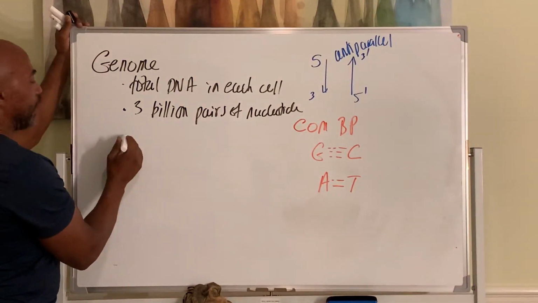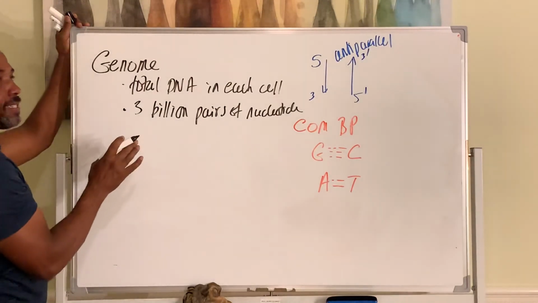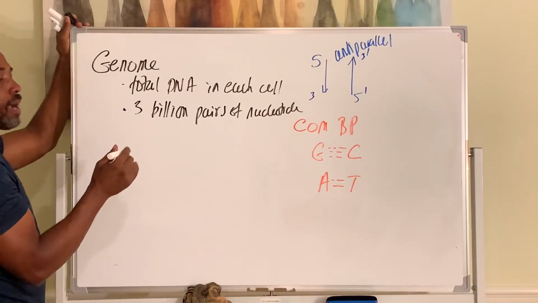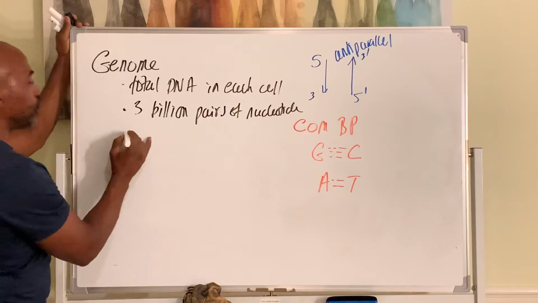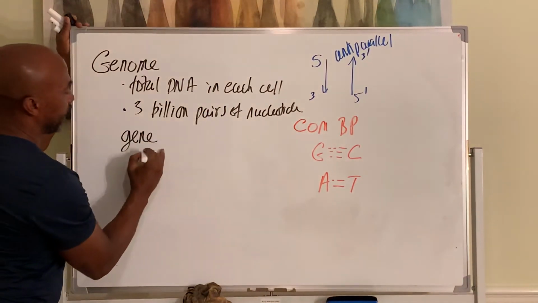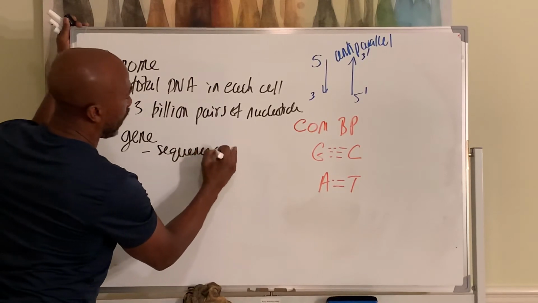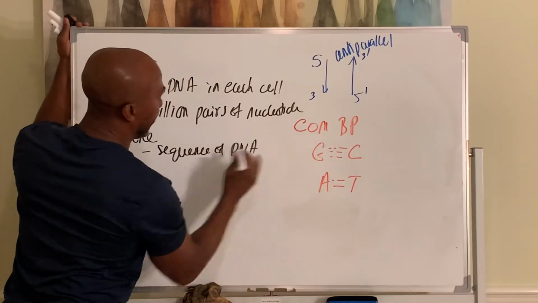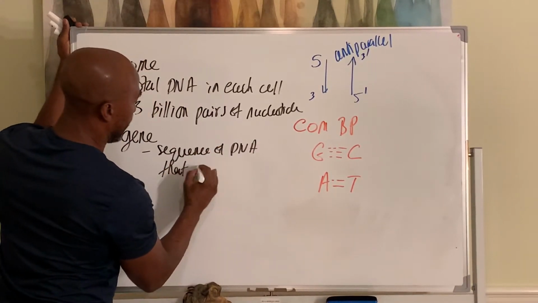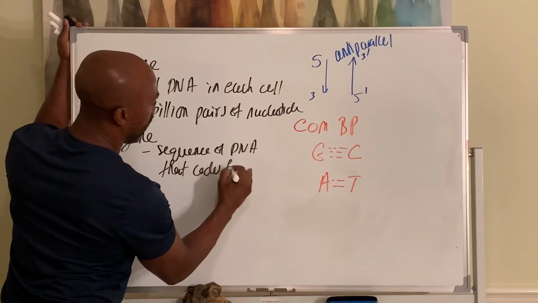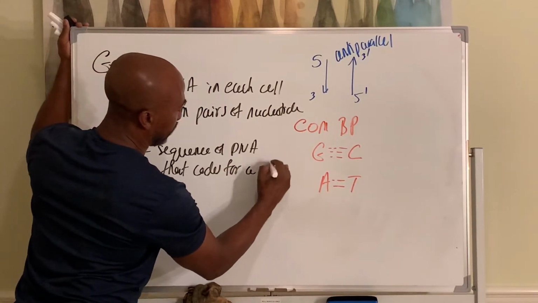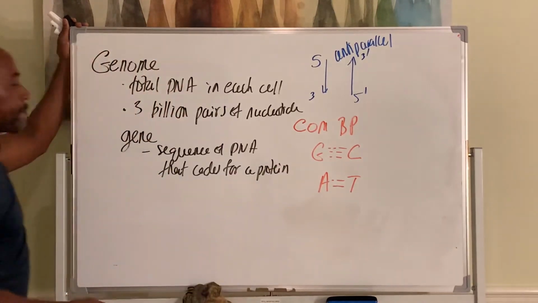Now, the portion of DNA that codes for a protein is called a gene. So the gene is a sequence of DNA that codes for a protein. Okay.